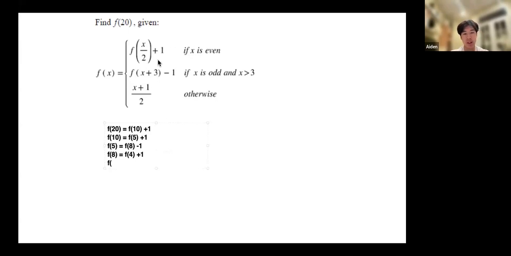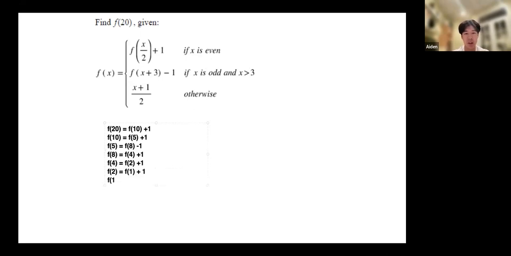Since 4 is still even, we follow the top case once again. It gives us f of 2 plus 1. And since 2 is still even, we follow the top case once more, which brings us to our base case finally, since 1 is odd and less than 3.